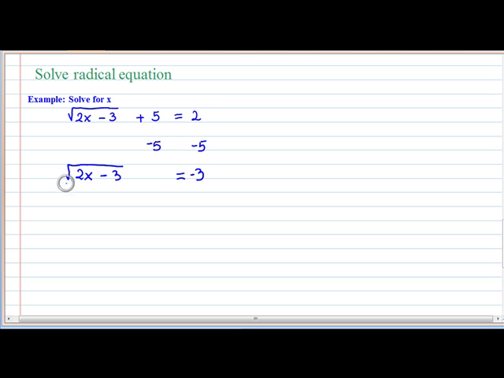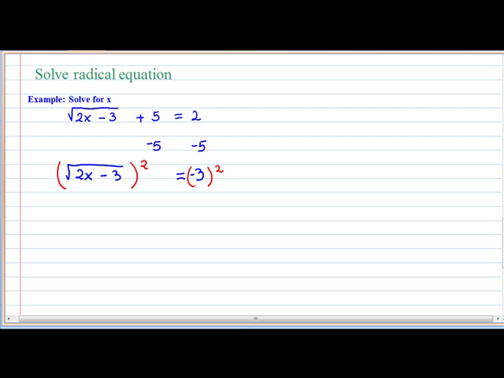Then to simplify the square root, we need to square that to cancel out the square root. Because I square this term here, I have to do exactly the same thing to the other side.